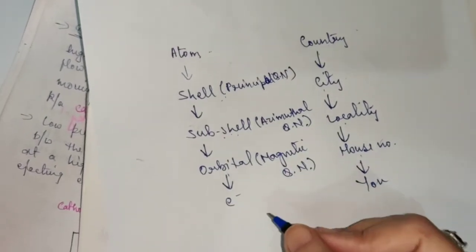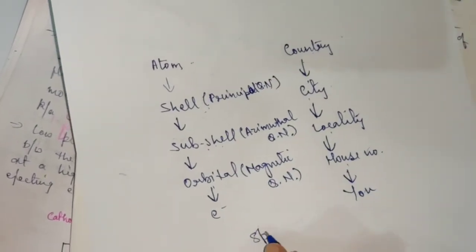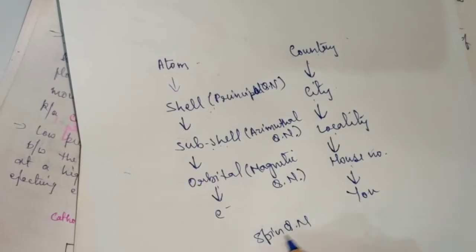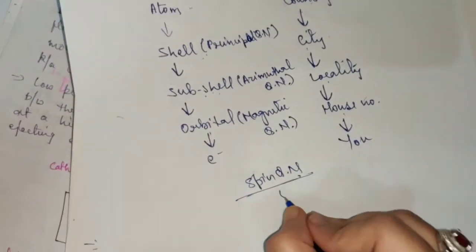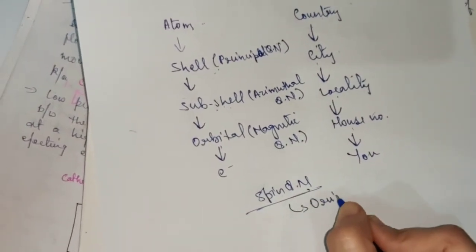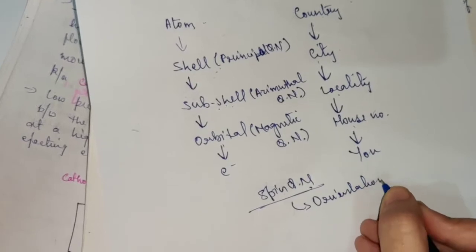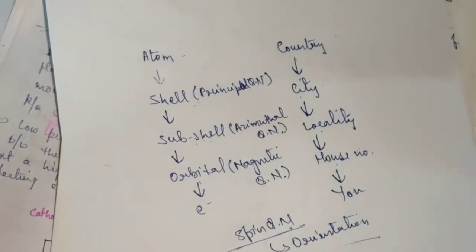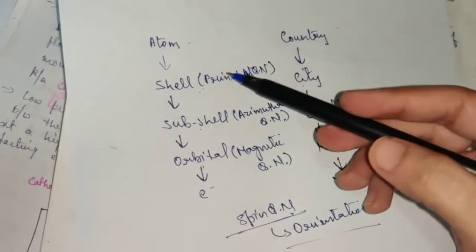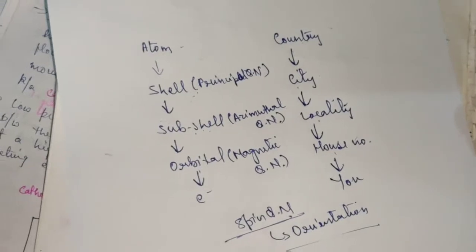And there is a fourth quantum number, which is the spin quantum number. Spin quantum number tells us about the orientation of the electron, how the electron is lying in the atom.